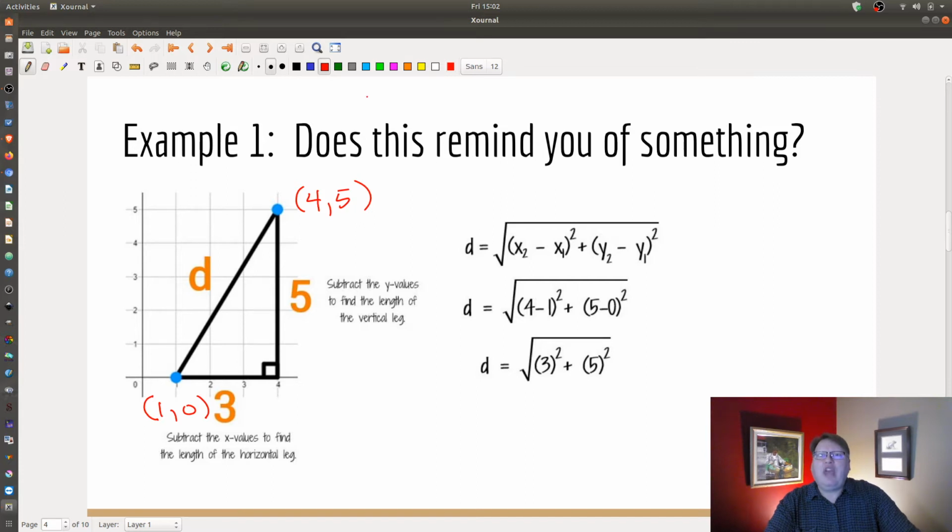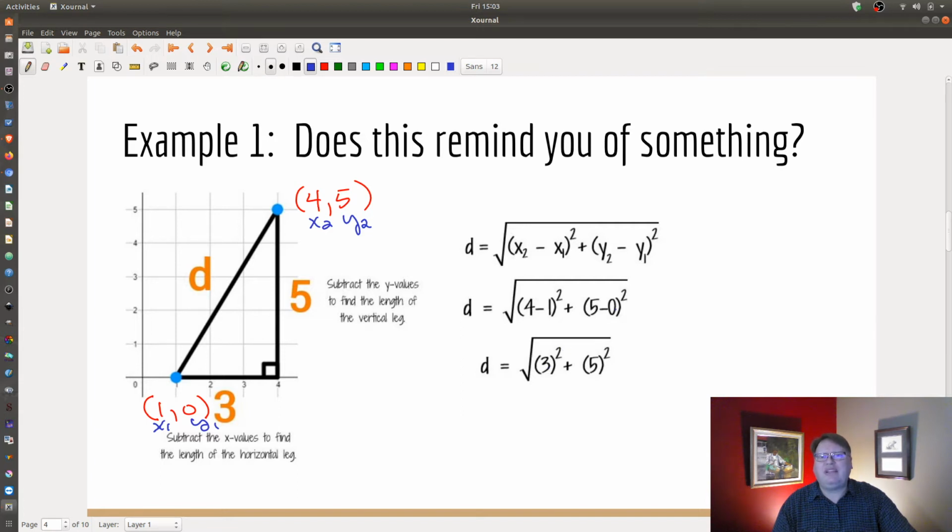Their x2 is 4. They've labeled this first point x1 and y1, and this one x2 and y2. They simply substituted into the formula and did their calculation. They took the difference in x values, 4 minus 1, and squared it. That's 3 squared.